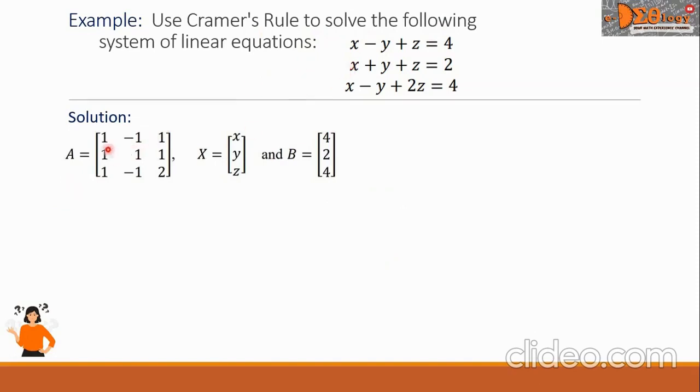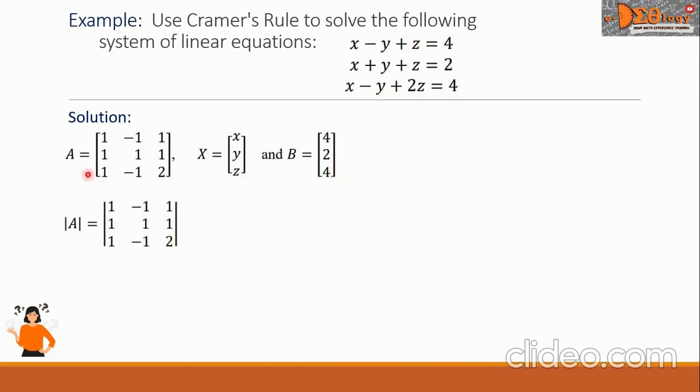So we have 1, negative 1, 1. 1, 1, 1. 1, negative 1, 2, respectively. For the matrix X, this is equal to the column matrix X, Y, Z. Matrix B is equal to the column matrix for the constants 4, 2, 4, respectively.